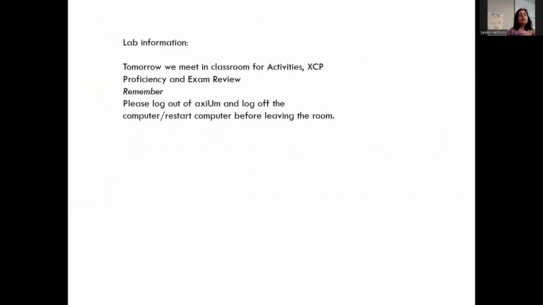I did just want to remind you guys, when you're in lab, you'll X out of Axium and then go down into the main screen and there's that little orange log out button. You double click that, and it closes you out and logs you out.